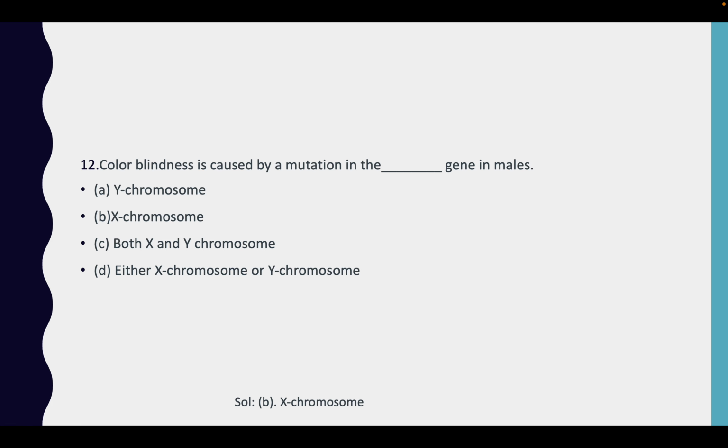The gene which causes color blindness, inherited red and green types, is only on the X chromosome. So for a male to be color blind, the color blindness gene only has to appear on his X chromosome. Okay, as it is caused due to recessive genes which occur on the X chromosome.